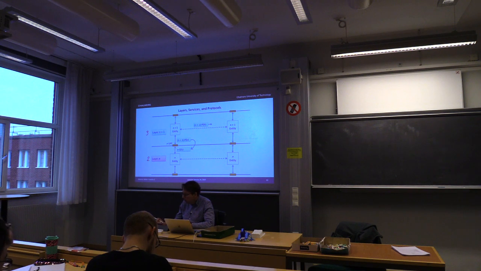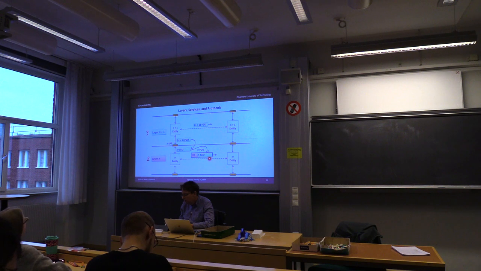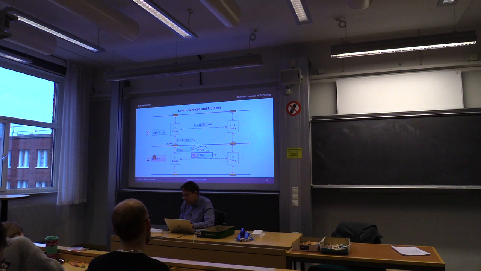What happens then? This protocol data unit is encapsulated into this form, where here's the payload and here's the header, and the header is the header that pertains to layer number 2.